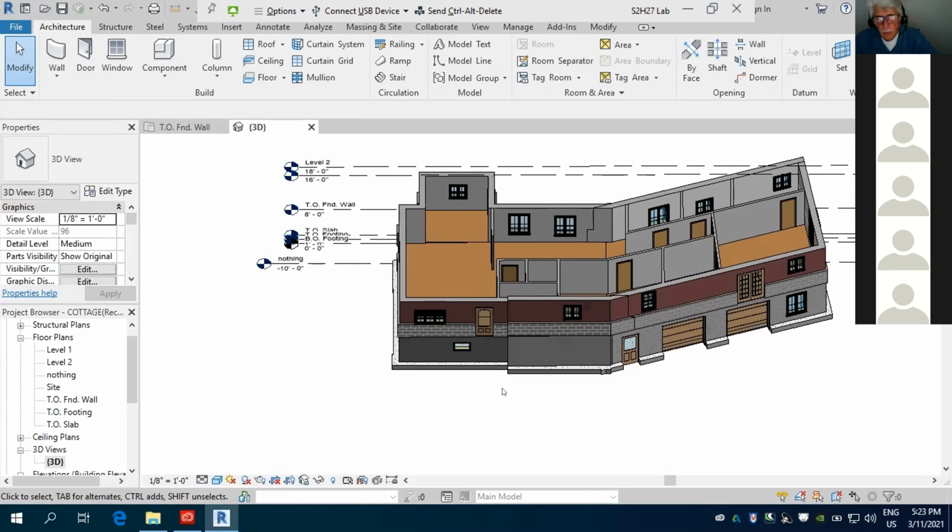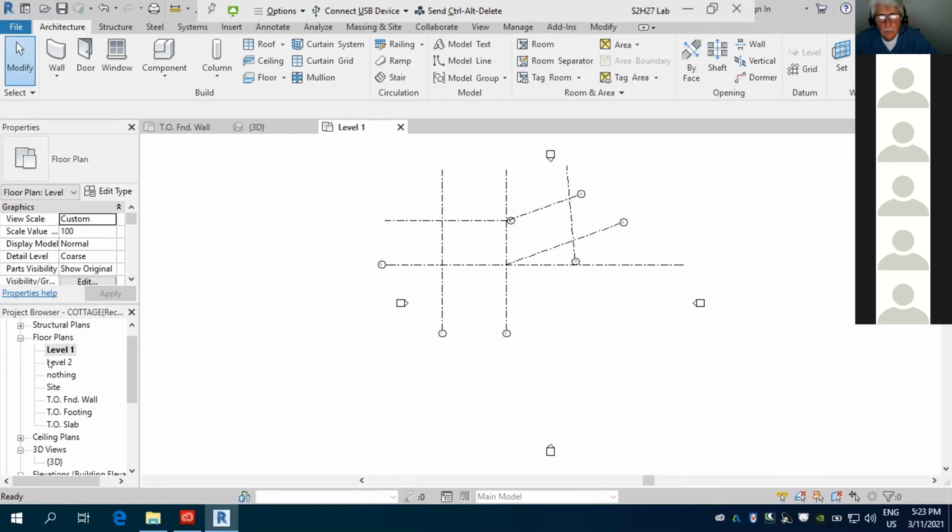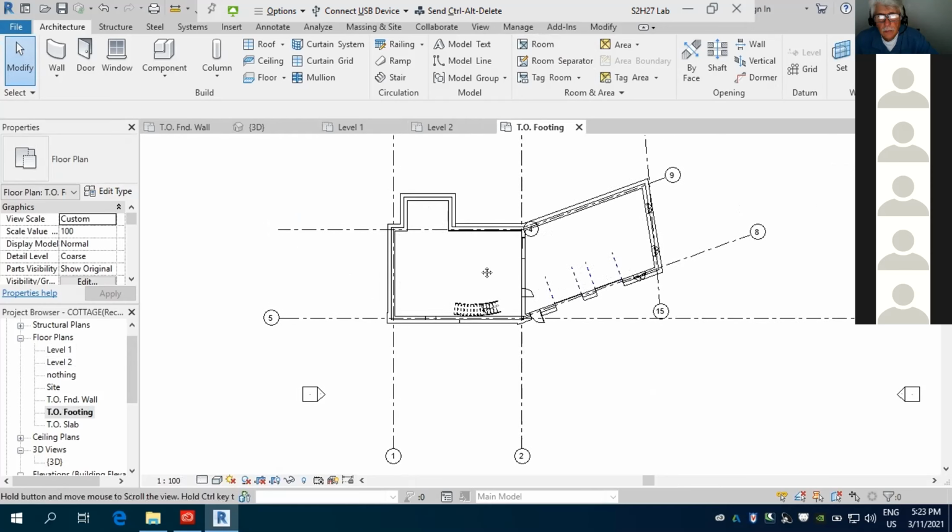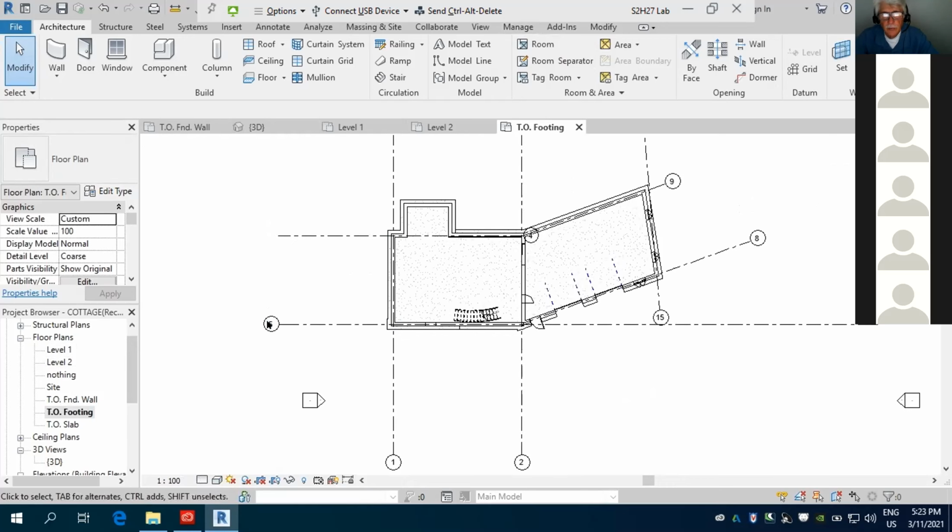Do you have a plan view of your ground floor? I don't remember. It's been a while. So that's your basement. Those are your footings. That's your basement, and your ground floor. Do you have the partitions on the ground floor?